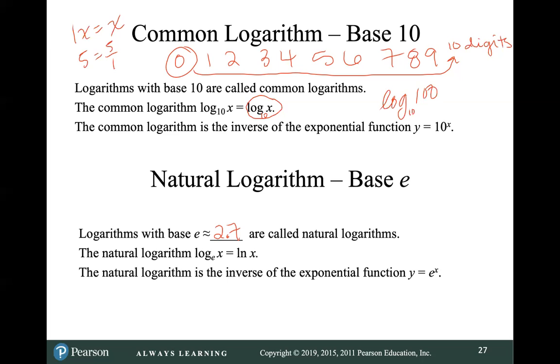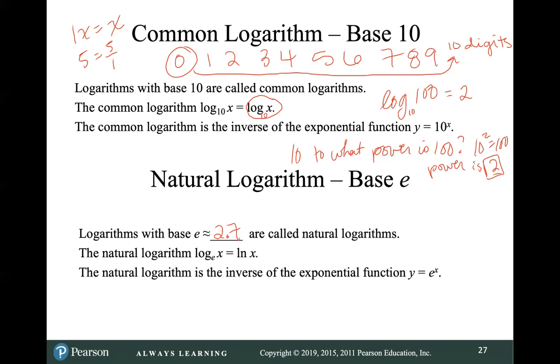And the question would be 10 to what power is 100? Well, what power do I have to raise 10 to in order to get 100? 10 squared is 100, so the power is 2. So I can say log base 10 of 100 equals 2.